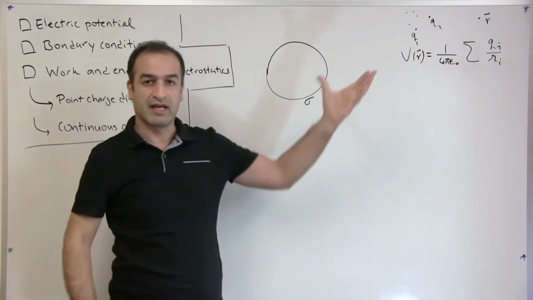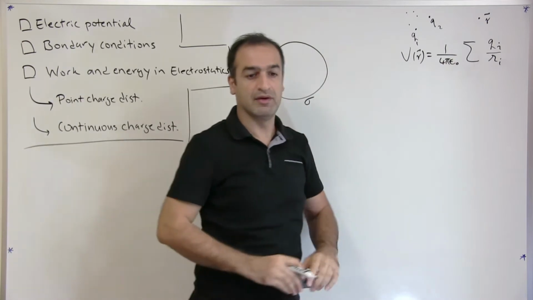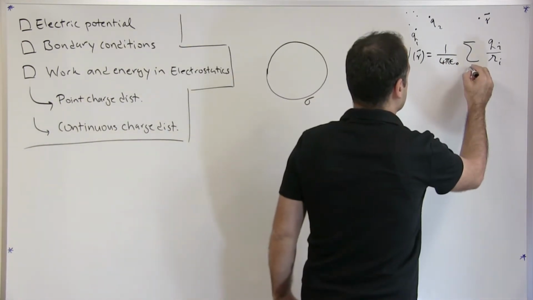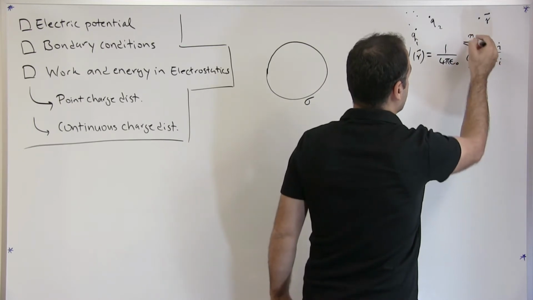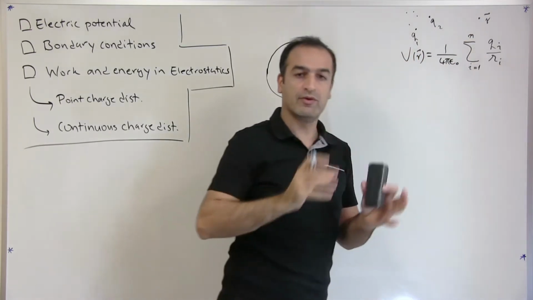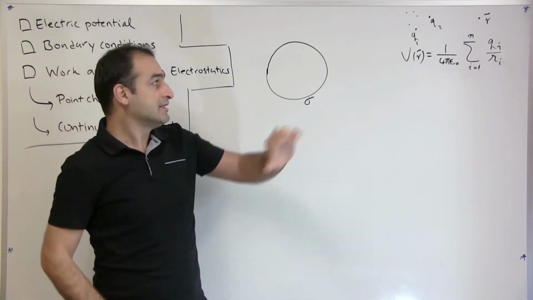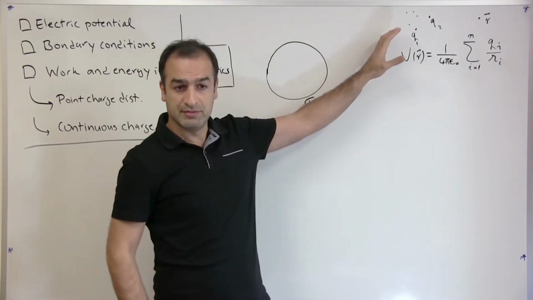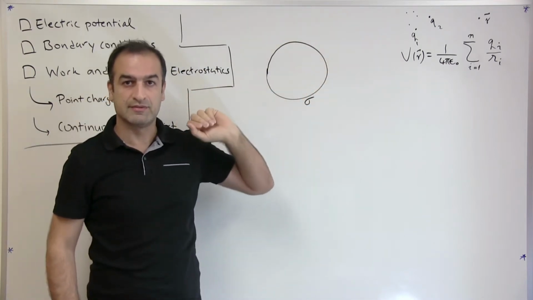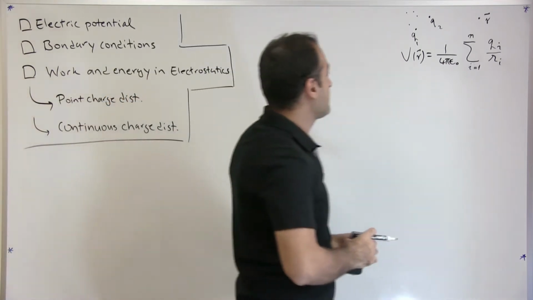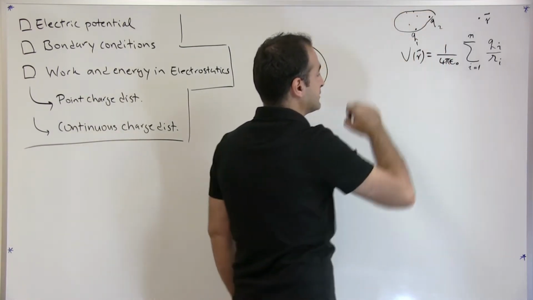So if we have point charge distribution, we can just add them up using a sigma, okay? Of course, if you have limited number of charges, we can say i equals from 1 to n, if n refers to the total number of point charges that we have. So this is for discrete charge distribution where we have many point charges. Okay. The other way is that sometimes we don't have these discrete charges.